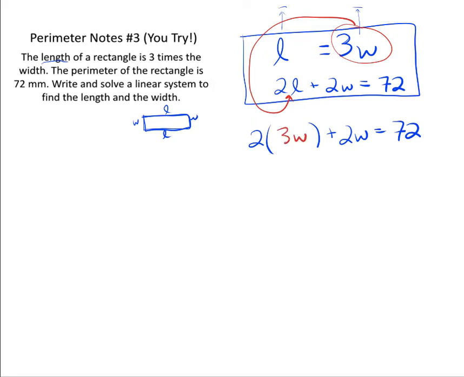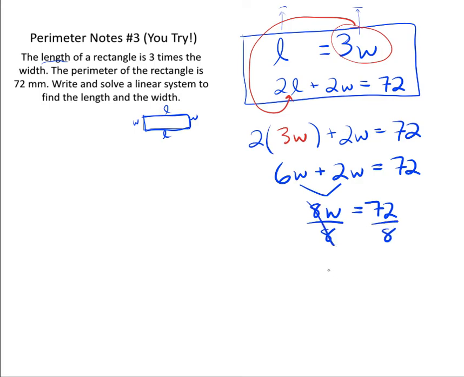The 3 in front of the W is, now I can see, oh, it's just 2 times 3 times W, so it's just 2 times 3 is 6W plus 2W, and bring everything else down. I can combine these two. Remember, we combine them. We don't subtract 2W from both of these. You just combine them because they're on the same side of the equal sign. So 8W equals, bring down that 72, divide both sides by 8.